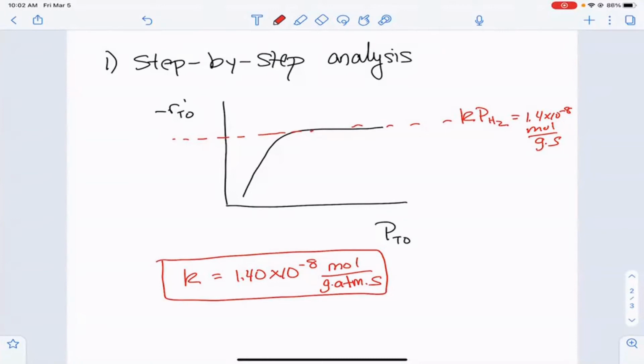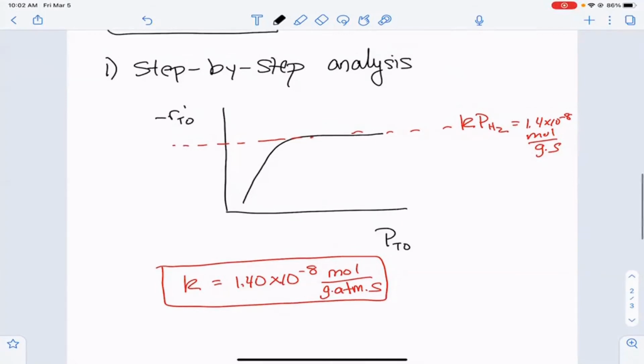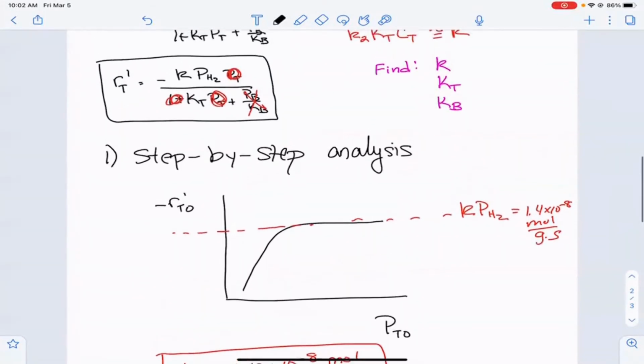So that's the first parameter. Now all we need to find is KT, and we need to find KB as well. So let's do that. Let's essentially use the same set of data that we used here, and think a little bit about how we could transform our rate law to extract that parameter.